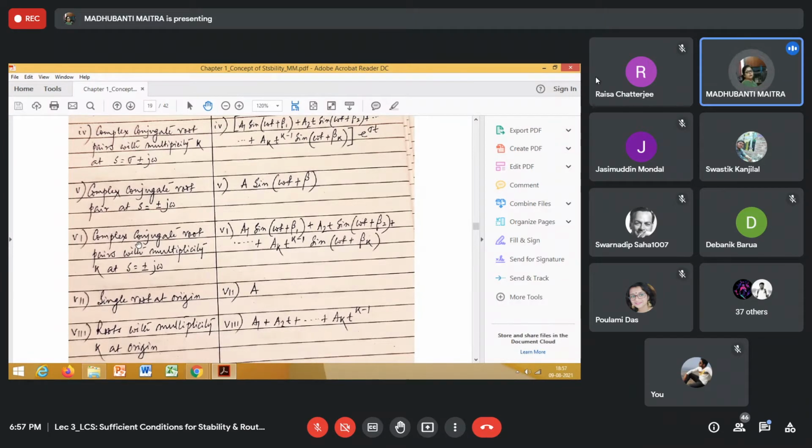So far, our basic premise is that the output response does not depend on the nature of the input. We have imposed only one single constraint on the input, that is, the input has to be a bounded one.